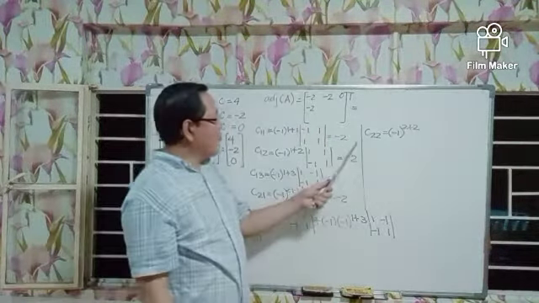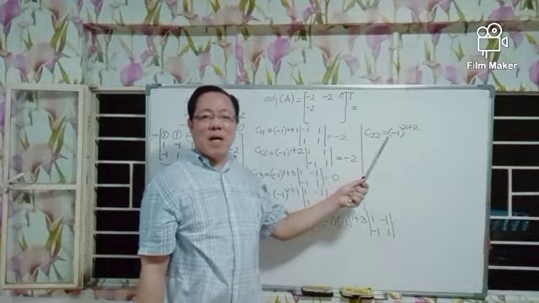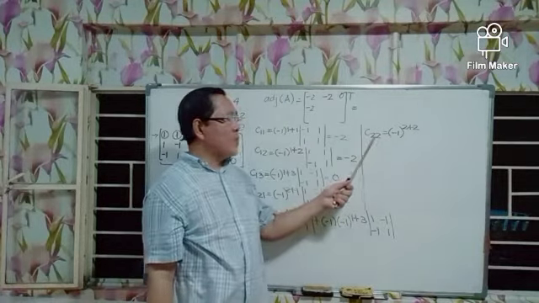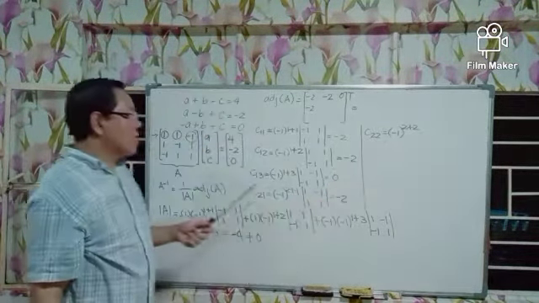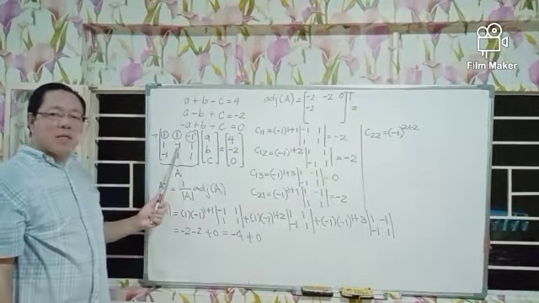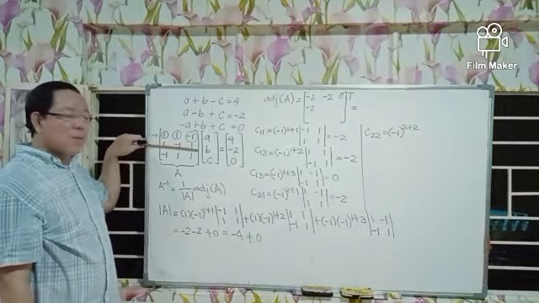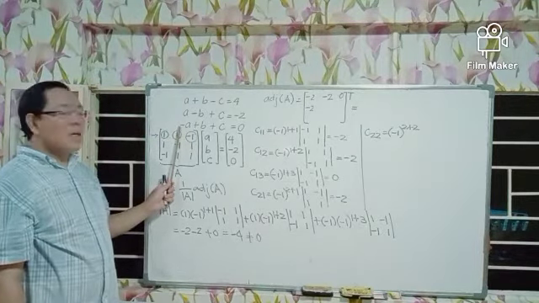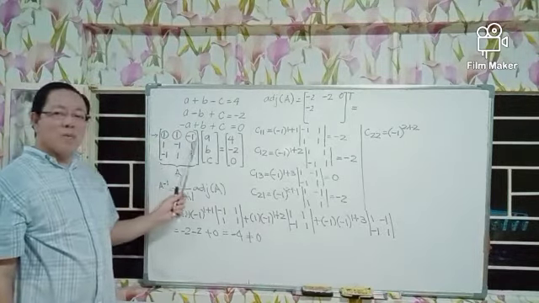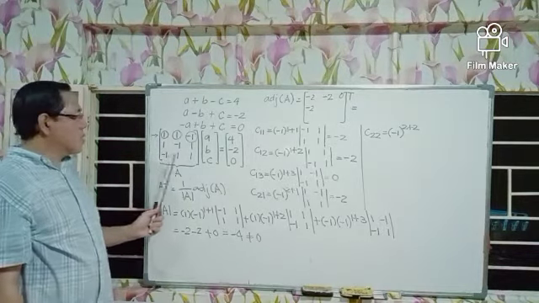And the cofactor C sub 22 is given by negative 1 raised to 2 plus 2, multiplied by the determinant that remains after deleting the second row and the second column. And we get 1, negative 1, negative 1, 1.